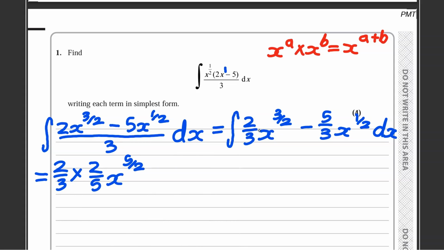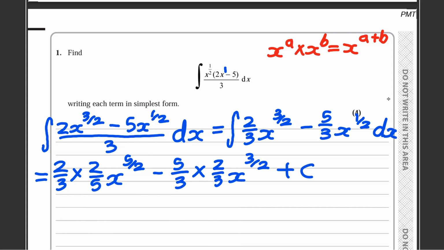Then it's going to be minus 5 over 3 multiplied by the integral of x to the power of a half. So this half power goes up to 3 over 2, so we divide by this, which is 2 over 3, and then x to the power of 3 over 2.